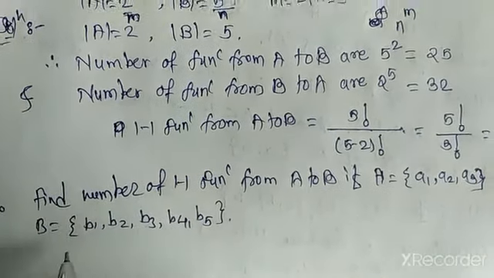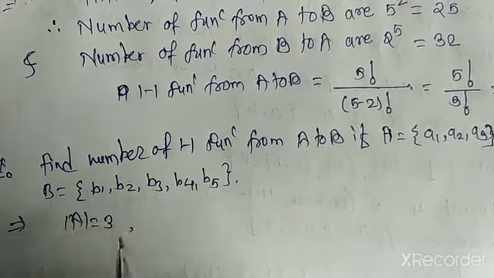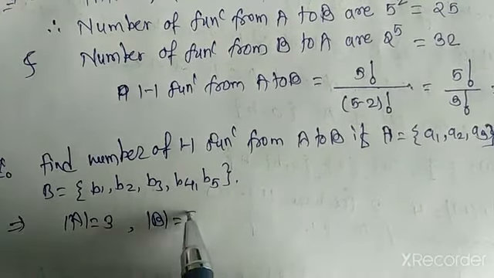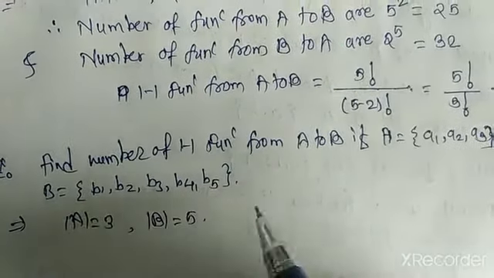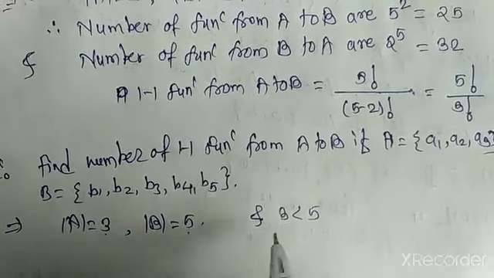So the cardinality of A is equal to 3 and the cardinality of B is equal to 5, and 3 is less than 5. We have the condition satisfied.